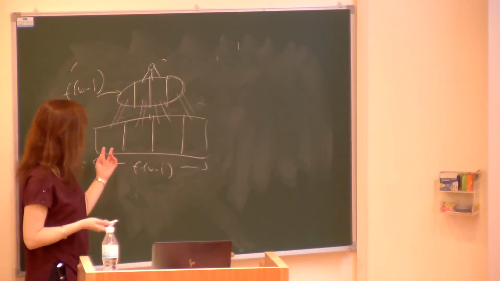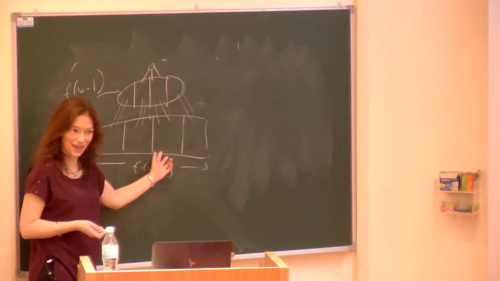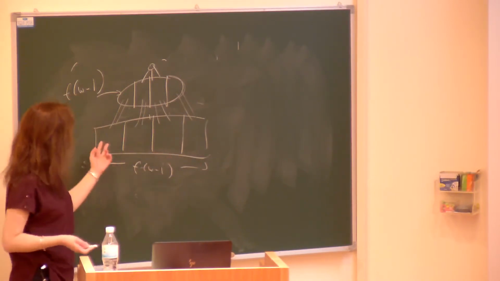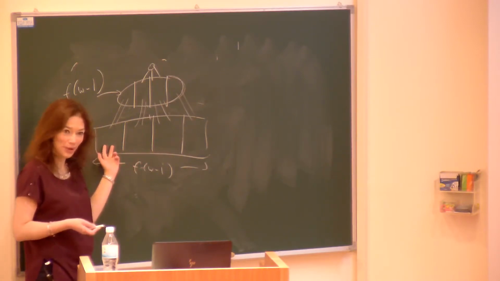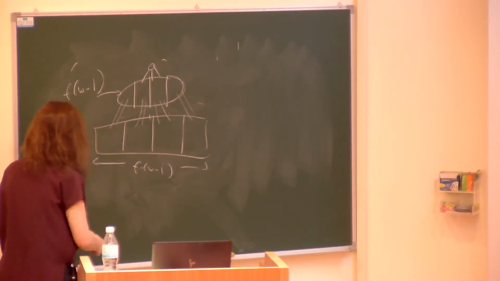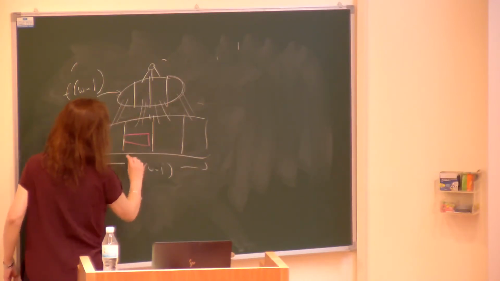Now I'm going to prove that each of these parts has small chromatic number, and that would do. In fact, I'm going to prove that each of these parts has clique number less than omega.